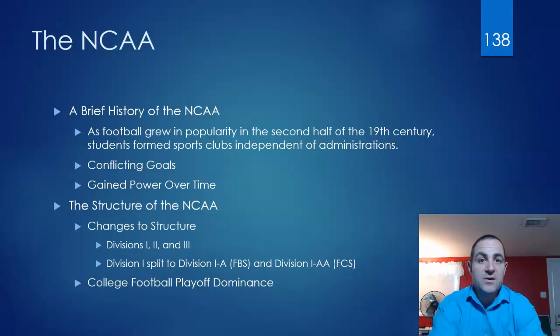Notre Dame also has an exclusive deal with NBC to have all their games on TV. It's a prestige university. So even though Notre Dame is not in these large conferences, they are still able to compete with them for players. And a lot of times they're in the mix for one of the best football programs in the nation. So this is just a brief overview of the NCAA.